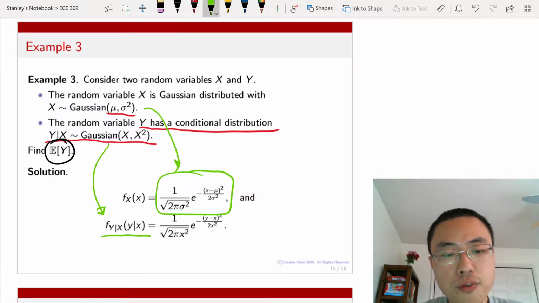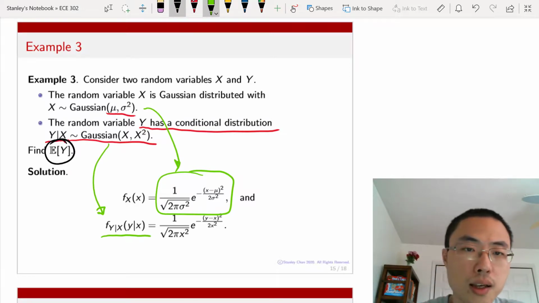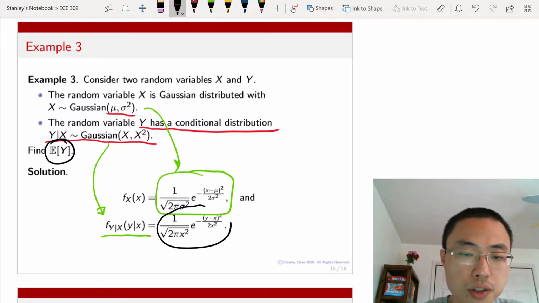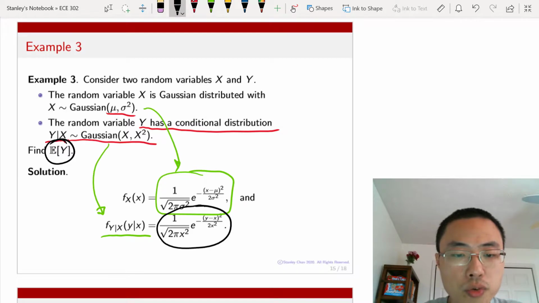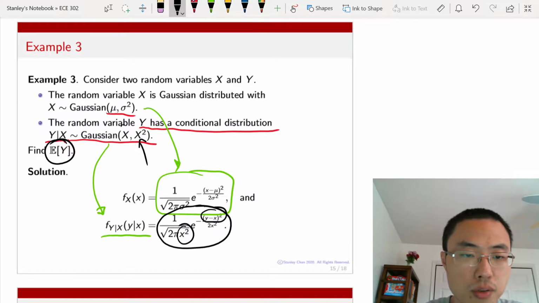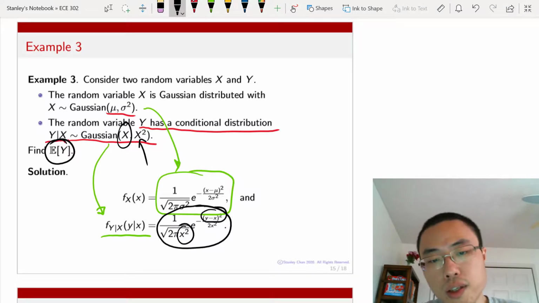So we have f of y given x, and then you have this number here. That would be 1 over root of 2 pi x squared. Where does this x squared come from? The x squared comes from the variance. And also this y minus x, so that's y minus x. So you have this x over here and the x squared.